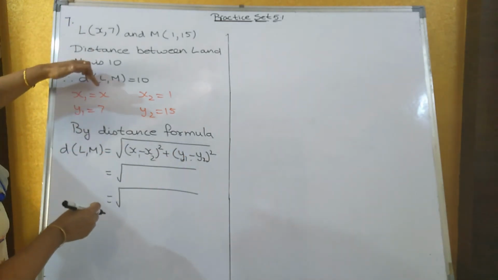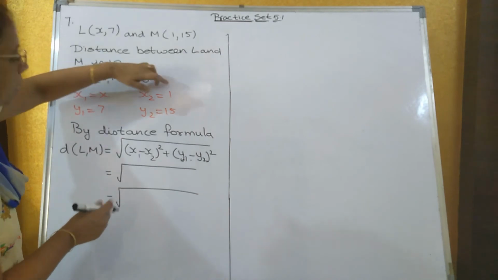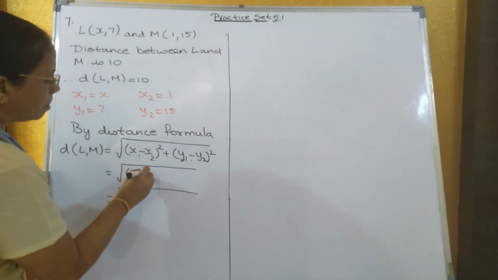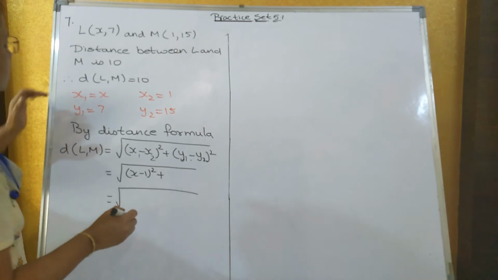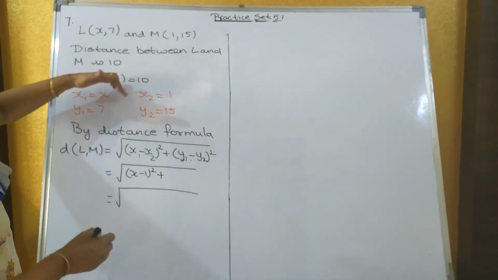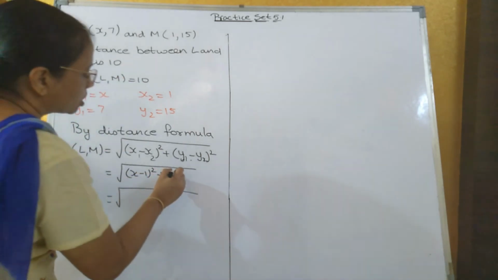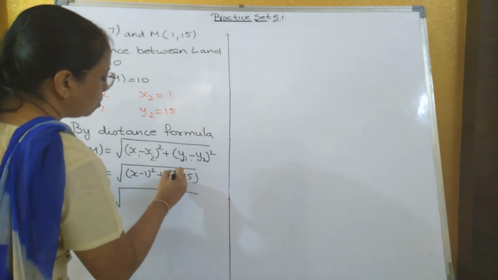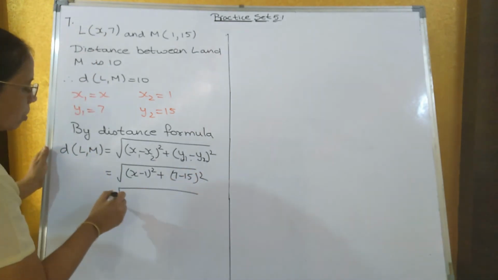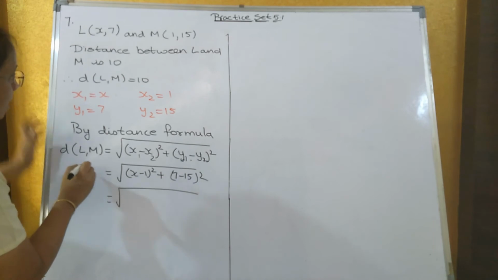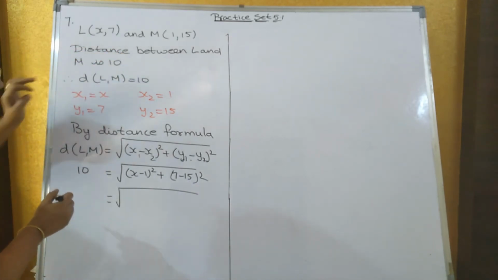So we will get x minus 1 the whole square plus 7 minus 15 the whole square. So that's equal to how much? And this value, distance LM, we have already got in the question, that is equal to 10.